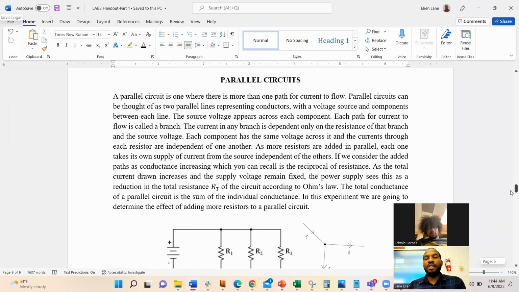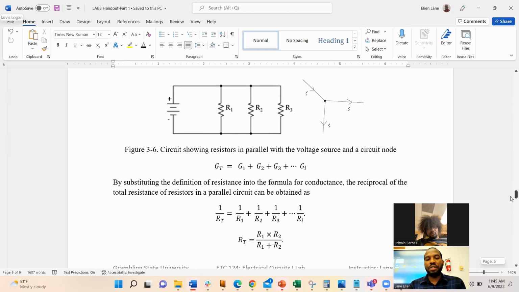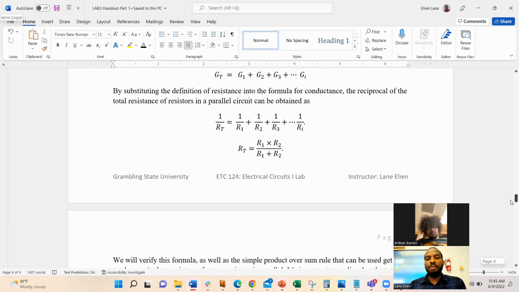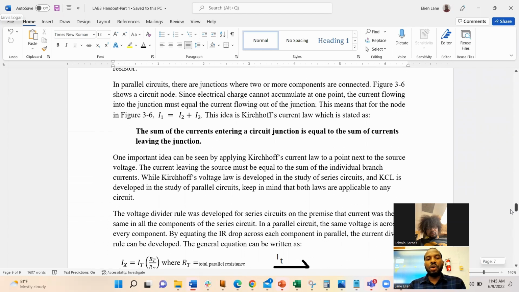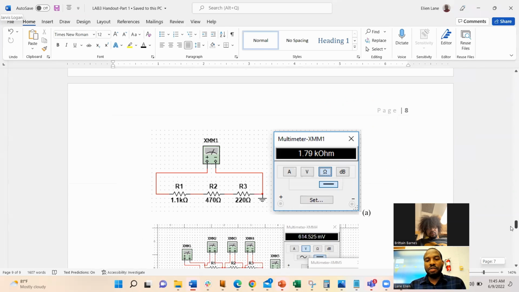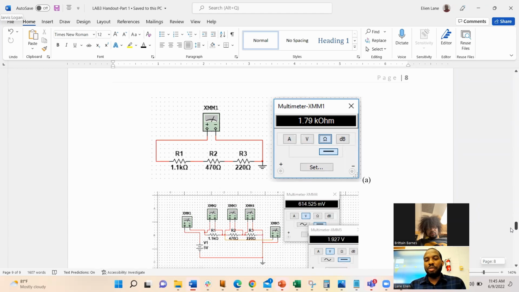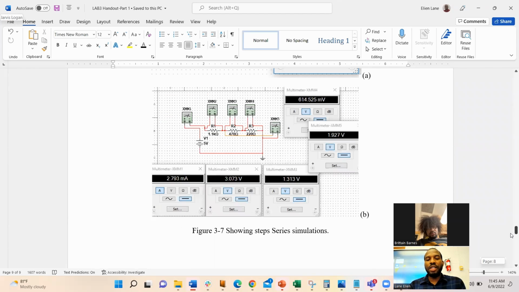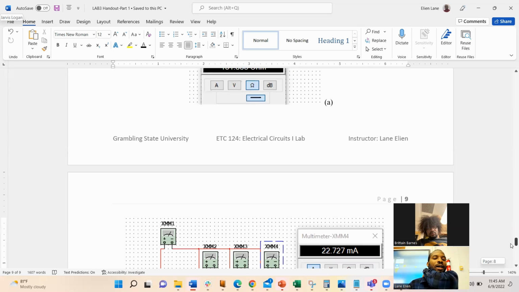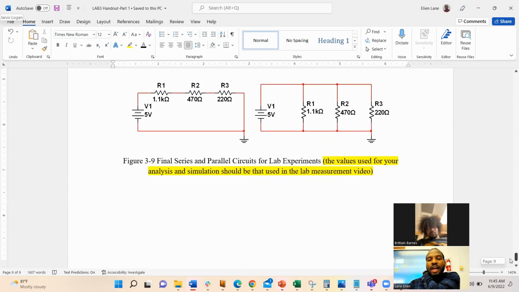Following this, the first part will also give you information on parallel circuits. So you can identify a parallel circuit. You can calculate the resistance in a parallel circuit. You can also understand Kirchhoff's current law, and all the equations for a parallel circuit are also presented. There is also some information presented on simulation, what is simulation, and so forth. So this is in the first part of the lab handout.